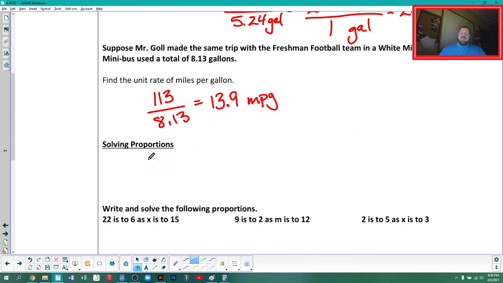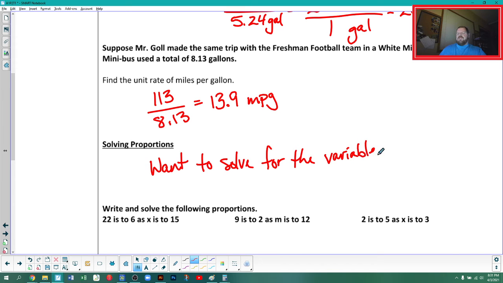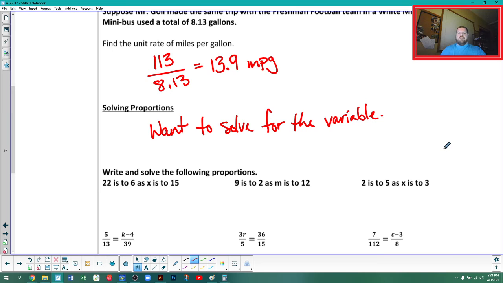Solving proportions. Okay, when we're solving proportions, we want to solve for the variable. And I think this is funny that later on in more formalized testing, you might run into situations like this where they're actually asking you things like these with words.